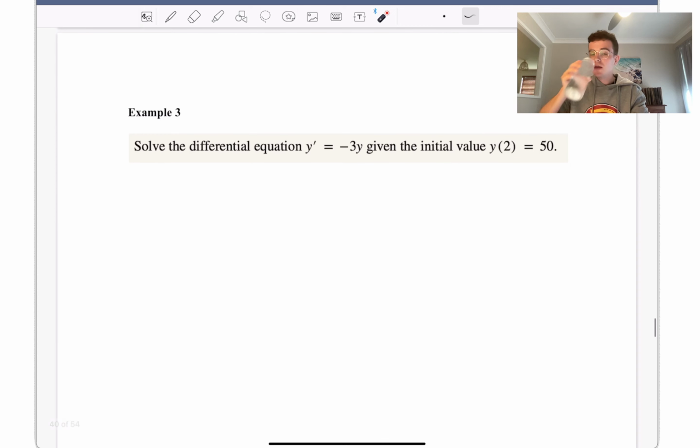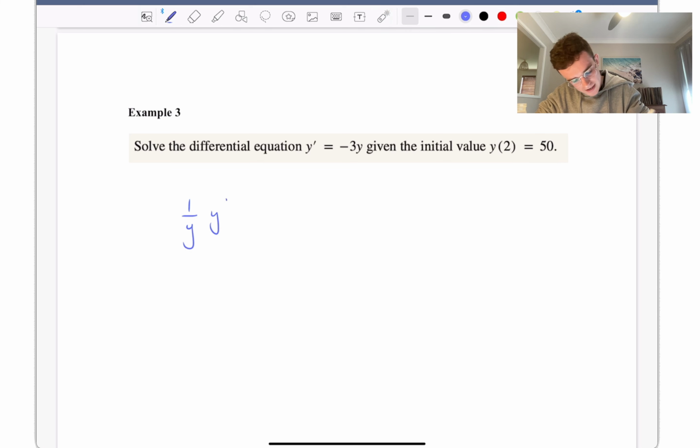Okay, example number 3. Solve the differential equation y dash is equal to -3y, given the initial value y(2) is equal to 50. I personally prefer the second method, so I'm going to solve 1 on y dash is equal to -3, which means 1 on y dy is equal to -3 dx.